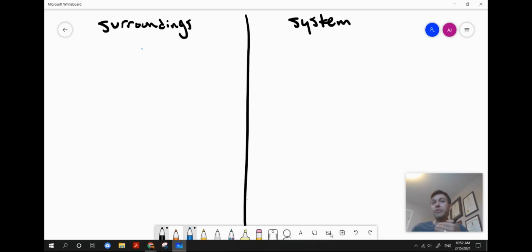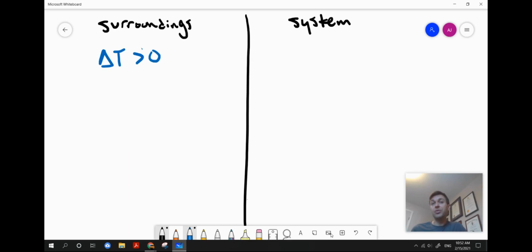Let's recap what we've just talked about, but let's start from the surroundings perspective, because this is how we are going to experience chemical reactions. Let's imagine a situation where we carry out a chemical reaction and we measure the temperature change in the surroundings.